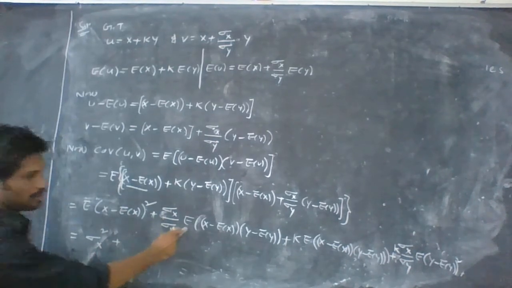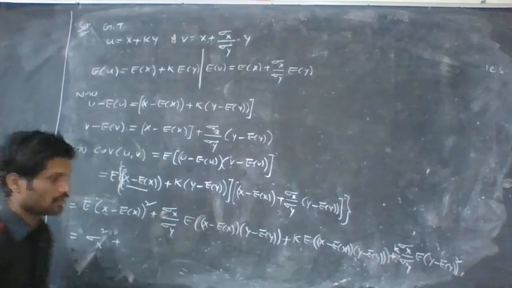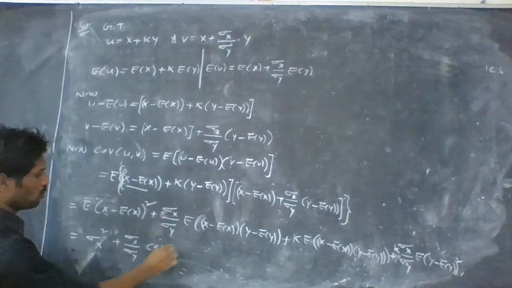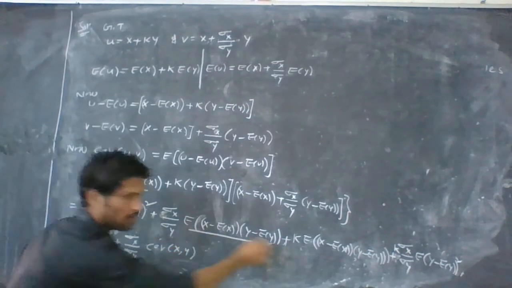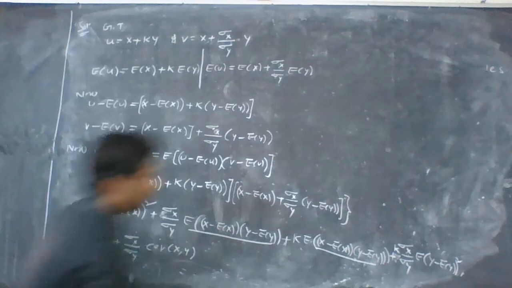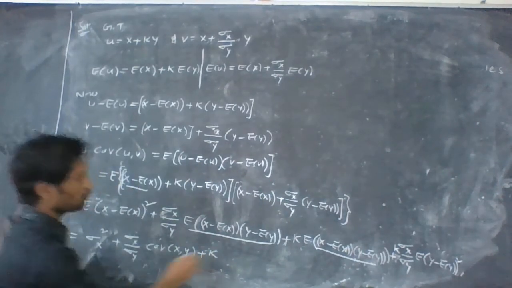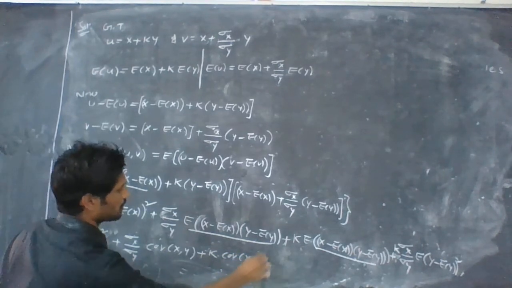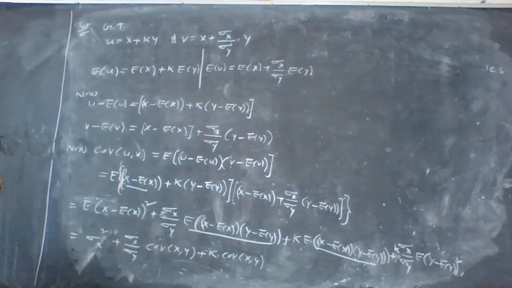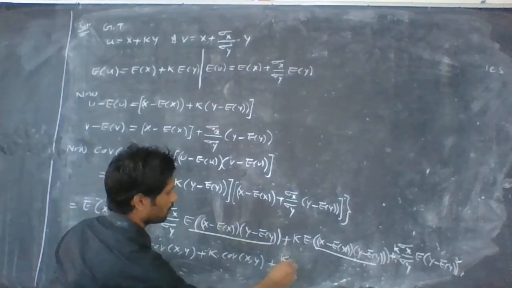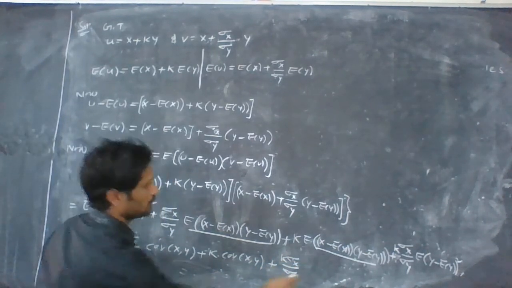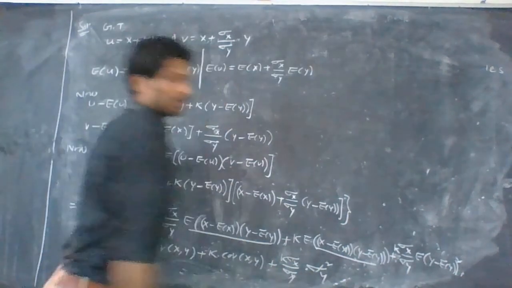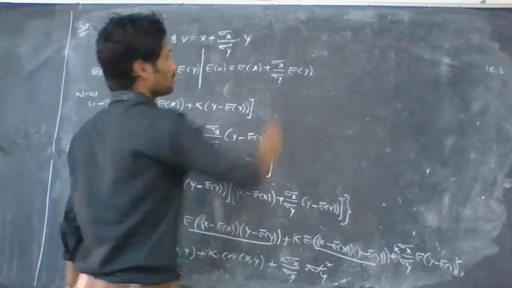Sigma x by sigma y, this is covariance of x comma y, this is the formula of covariance, plus k into covariance of x comma y, and finally k into sigma x by sigma y, this is the formula of variance, variance of y.